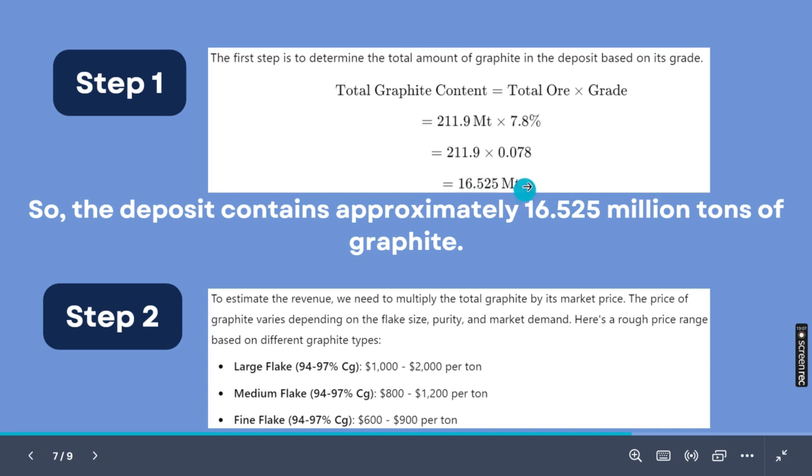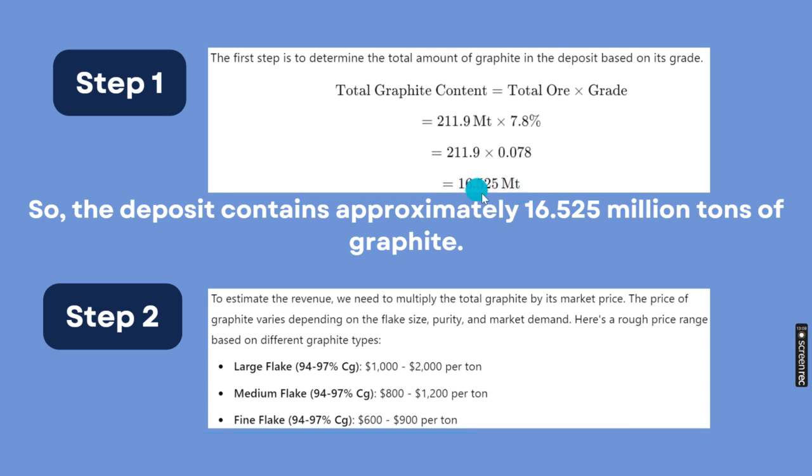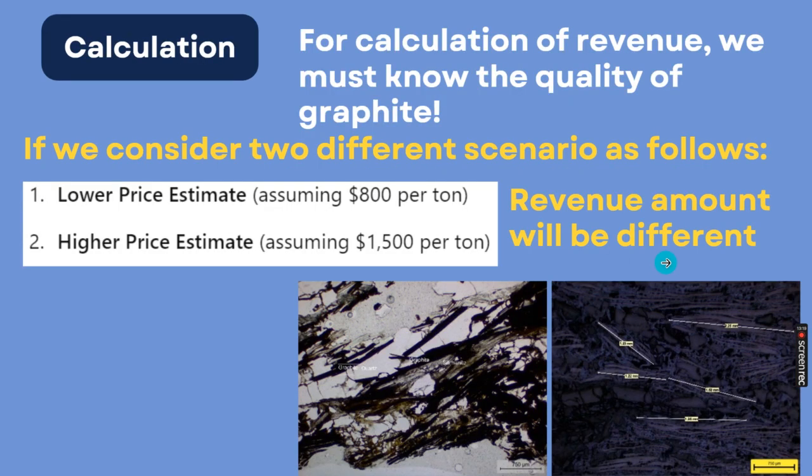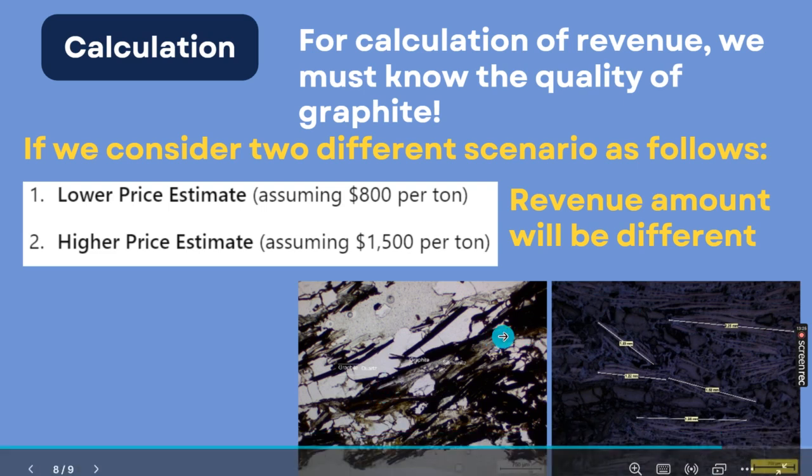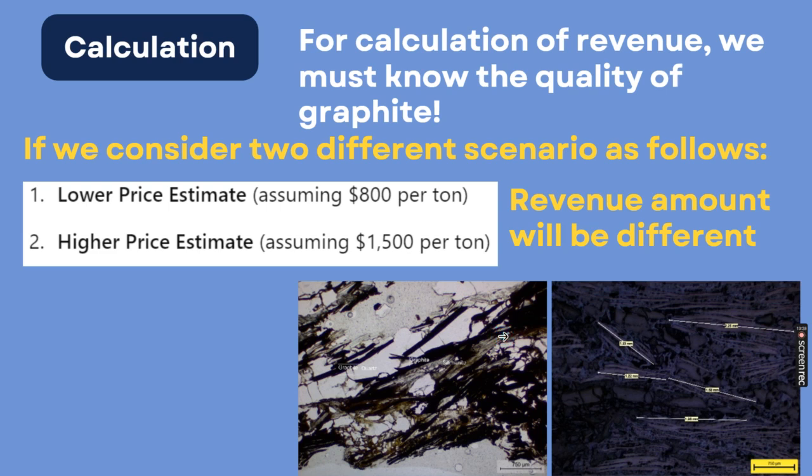So as I have already calculated the total tonnage of carbon graphite, but here I don't know the flake size and quality. So we have to have an idea under the microscope and other different flake size analysis; average overall flake size estimation is a must, and depending upon that result you have to specify the rate.